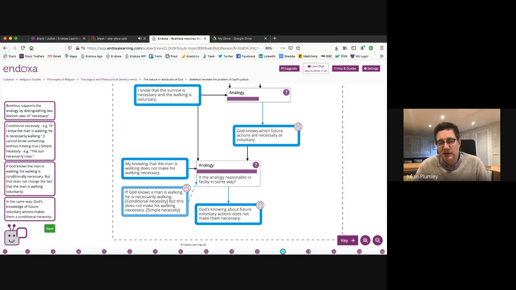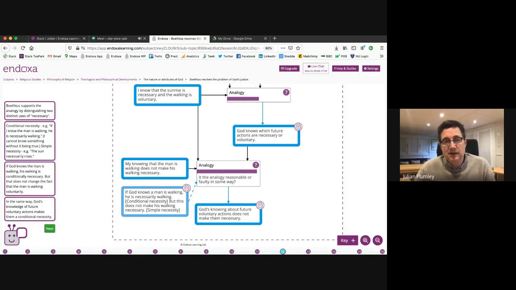He distinguishes two senses of necessary. One is if you see something happening, then you know it happens, and if you know it, it's definitely true. It's necessarily true. That's a property of knowledge. You can only know things that are actually true. But your knowing that in the present didn't make it necessary in the sense that the person had to be walking. So he calls one sense conditional necessity and the other sense simple necessity.